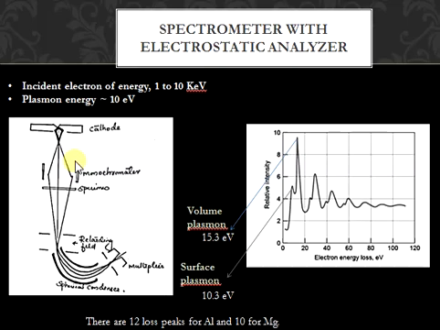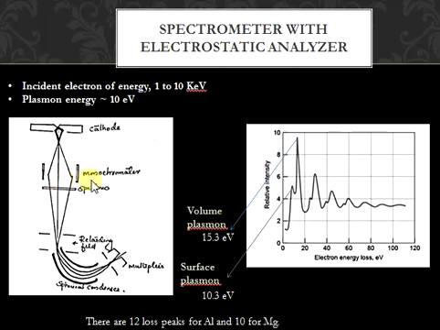The purpose of the monochromator is to confine the electrons into a beam, which then passes to the metallic specimen. The beam of electrons interacts with the electrons in the specimen. This is the metallic specimen where the plasmons will be formed.